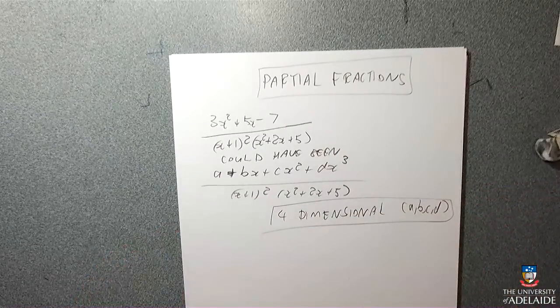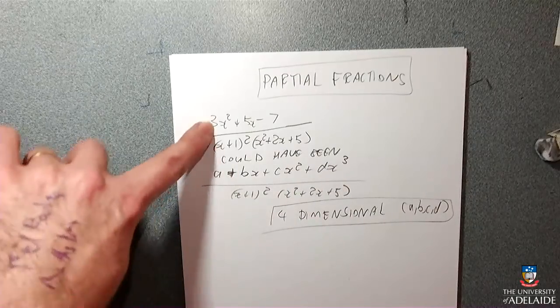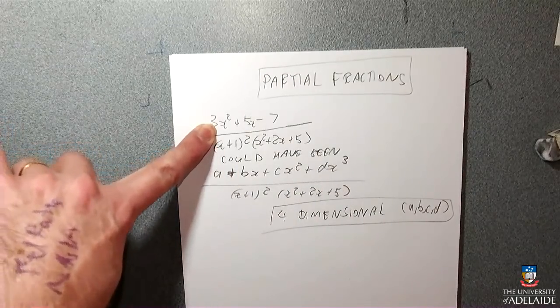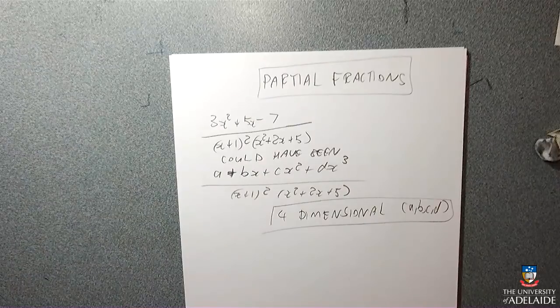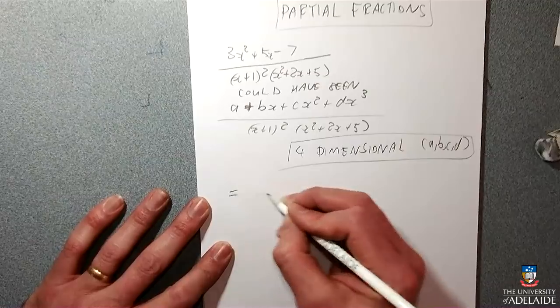So if I want to write this as a combination of other things, I'm going to have 4 of them, or I won't be able to make all the possibilities. So I need 4 things to add together if I want to produce all possible answers here.